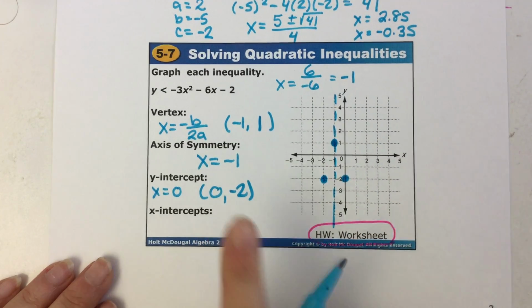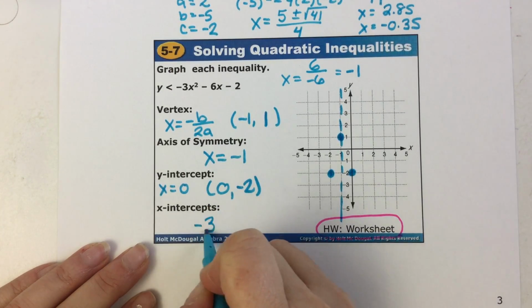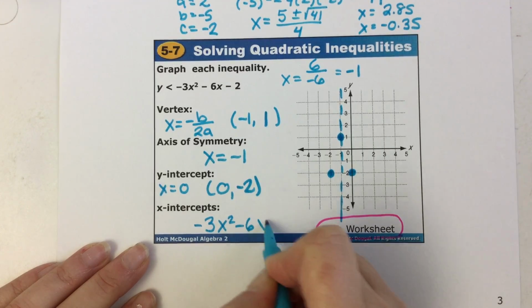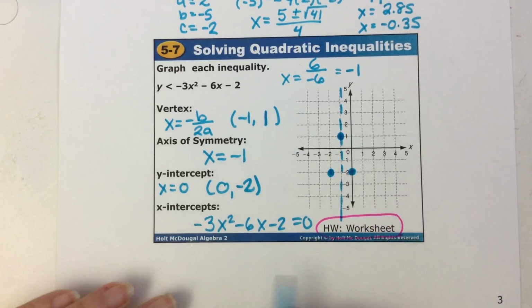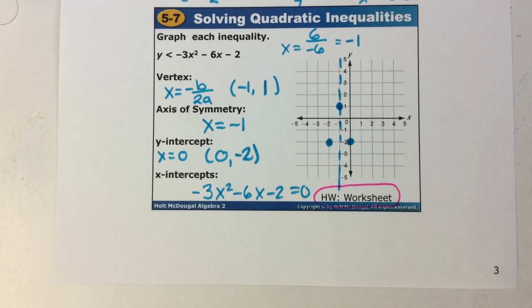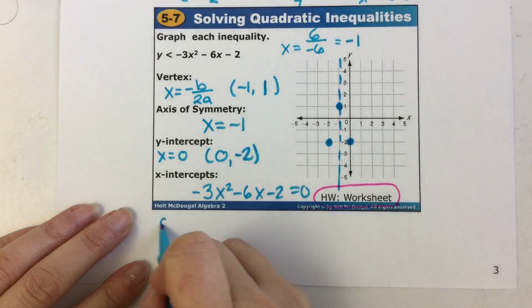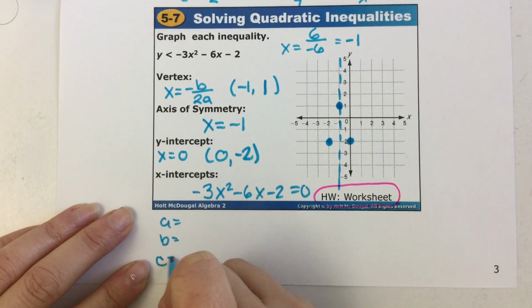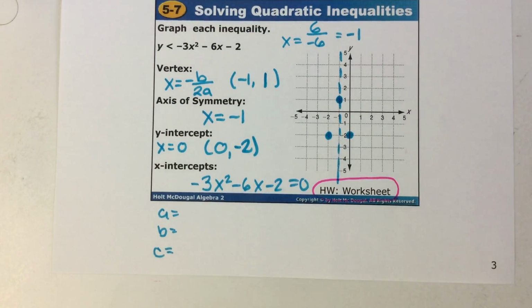Now to find my x-intercepts, you take the function and you set it equal to 0. Now you need to do things like complete the square, factor, or use the quadratic formula. I'm going to do the quadratic again because the quadratic is the one that works 100% of the time. Typically, if I can factor it quickly, I'll do that.